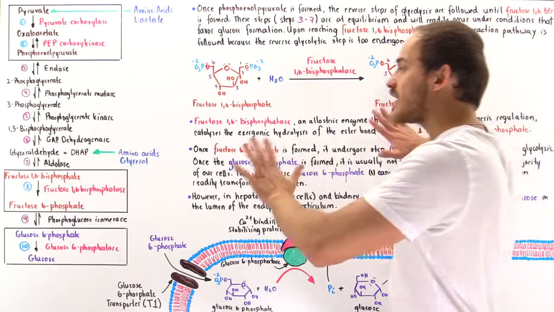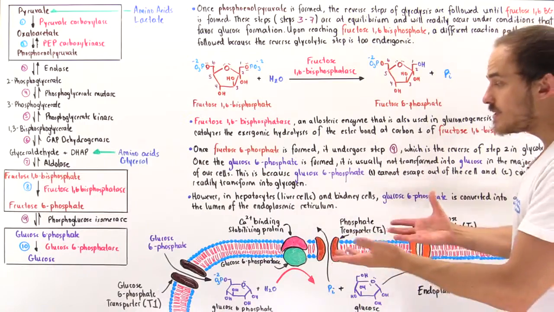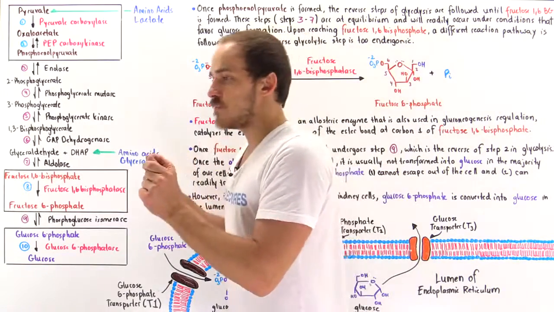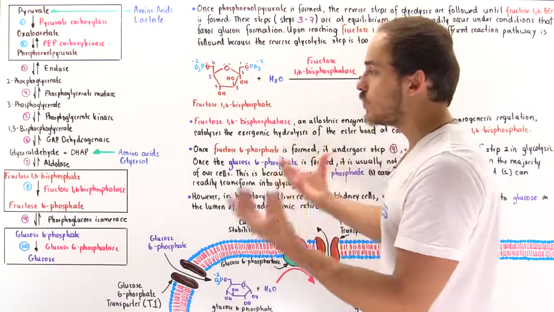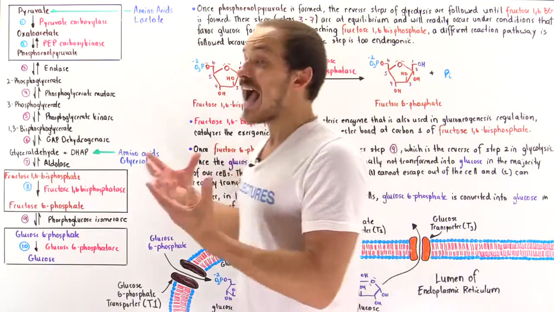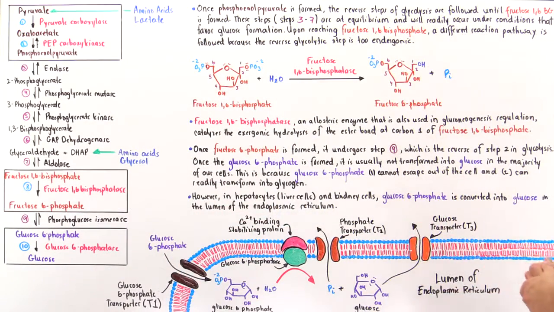And once inside the cytoplasm of that cell, if this is, for instance, a liver cell or a kidney cell, the glucose can be dumped into the blood plasma to regulate the levels of glucose in the blood plasma, so that the rest of the cells can have enough glucose to carry out their cellular processes.